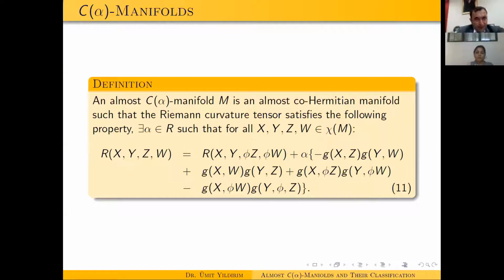Definition: C alpha manifolds. An almost C alpha manifold M is an almost co-Hermitian manifold such that the Riemannian curvature tensor satisfies the following property: there exists alpha in R such that for all X, Y, Z, W in chi(M), equation 11: R(X, Y, Z, W) equals R(X, Y, phi Z, phi W) plus alpha times [g(X, Z)g(Y, W) minus g(X, W)g(Y, Z)].